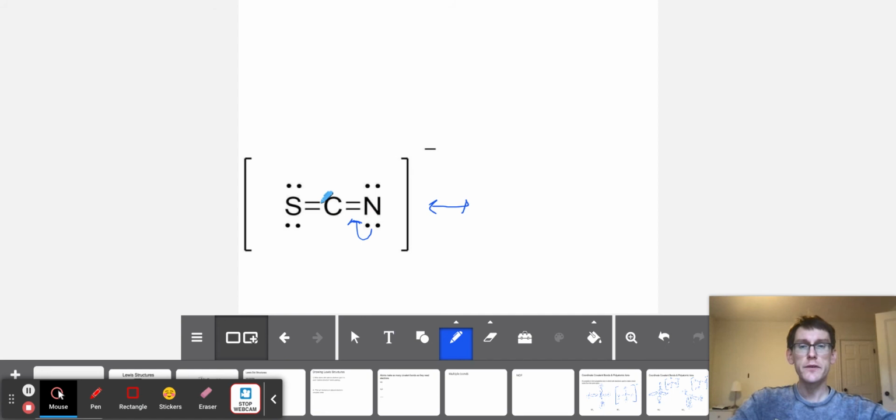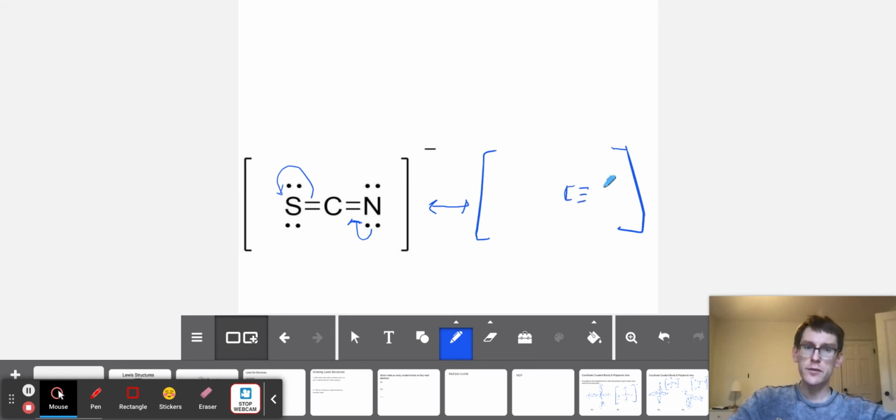So what we'd have to do is take one of these bonds and move those electrons to the sulfur. And this is possible. What we would get is another resonance structure where the C is triply bonded to the nitrogen.